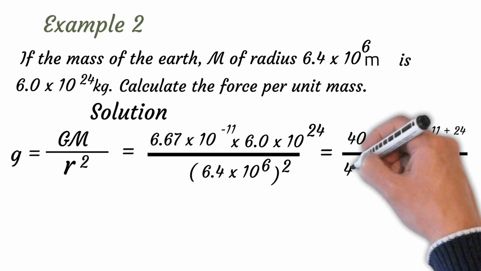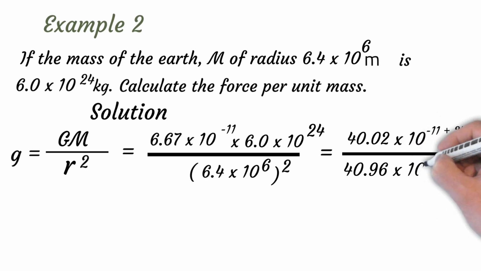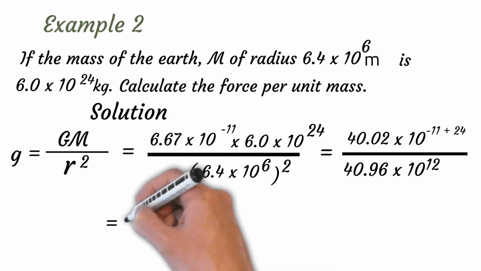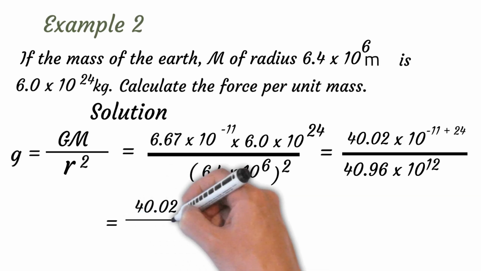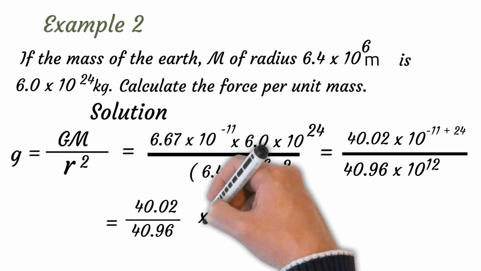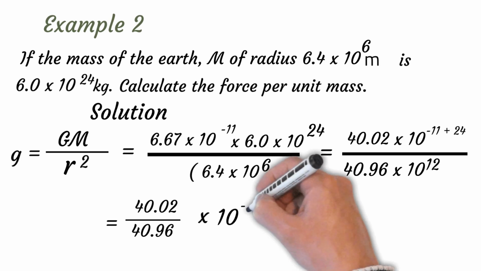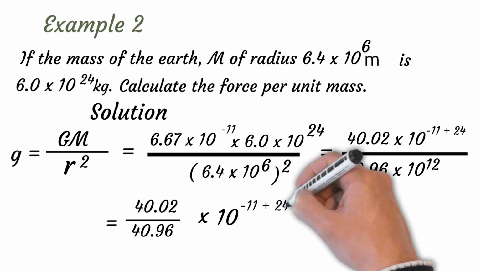6.4 squared with your calculator will give us 40.96 times 10 raised to the power 6 times 2 outside, which will give us 10 raised to the power 12. Now, let's divide 40.02 by 40.96. Separate it, then take the 10 and the powers, minus 11 plus 24, and then minus 12 because we are dividing.